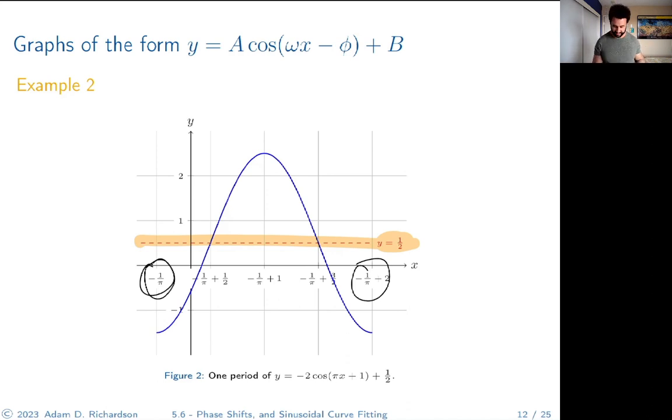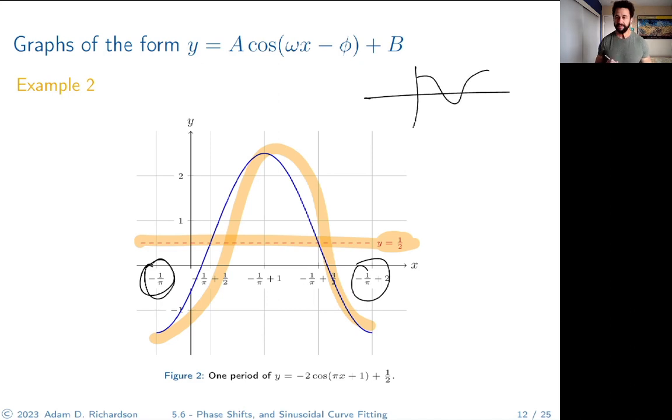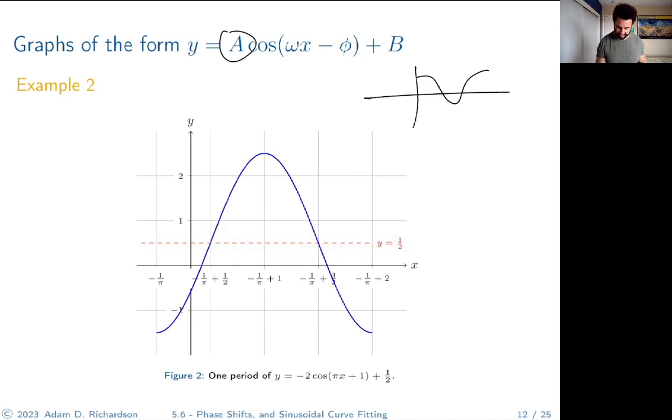Notice also that this is actually the graph of cosine, but flipped vertically across the midline. So cosine, remember, normally looks like this. Starts at 1 and goes down and then goes back up to 1. But now because A was a negative value, the whole thing is flipped vertically. And then lastly, here's all of our key points. These ones I didn't simplify like I did on the last example.